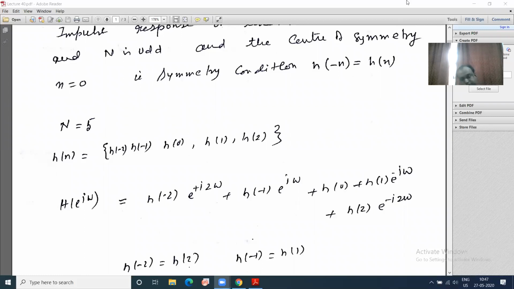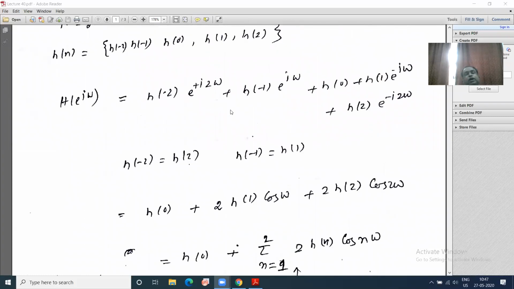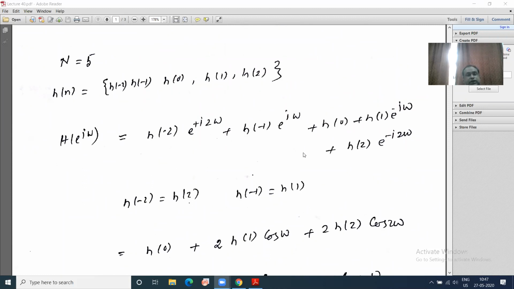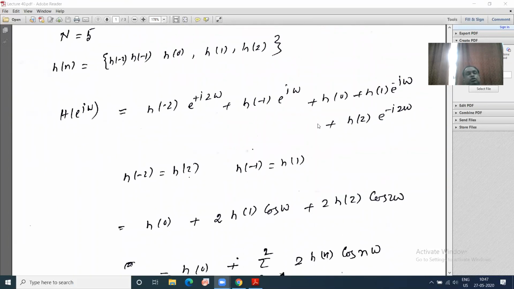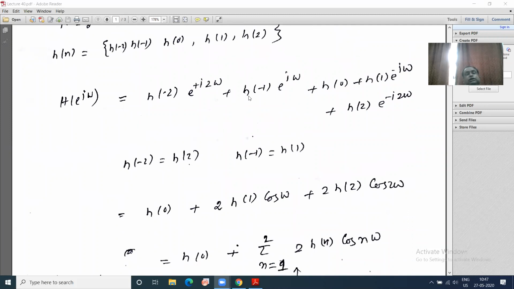Yes. Now I am writing h of minus 2 equal to h2 and h of minus 1 equal to h1, and h0 equal to h0, so h0 is implied. Now, if we combine h of minus 2 and h of 2, it becomes 2h2 cos 2 omega.